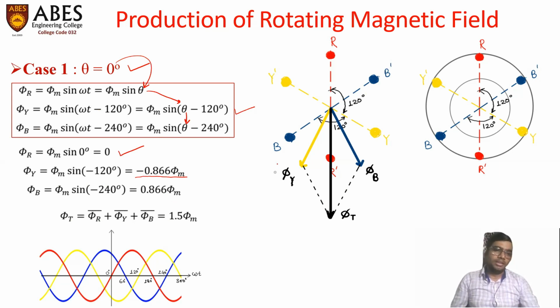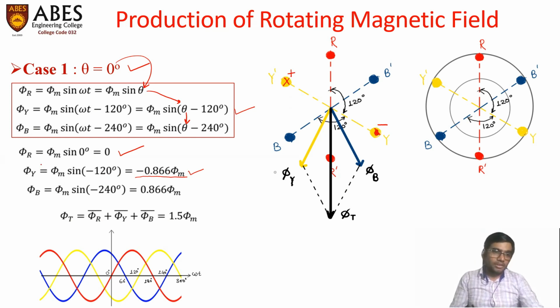If we draw the phasor diagram corresponding to these fluxes, phi r is 0 and phi y is negative. It means the direction of current in the yellow phase is reversed. So we mark phi y as negative on this side and positive on the other side, meaning current on this side will be inward, and on the other side outward, shown as a dot.